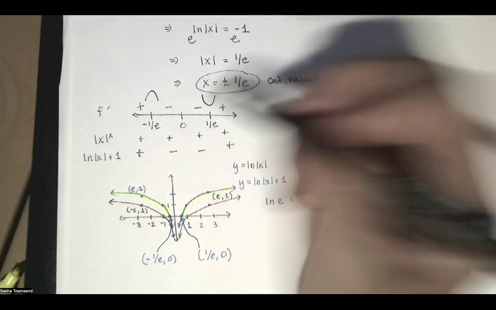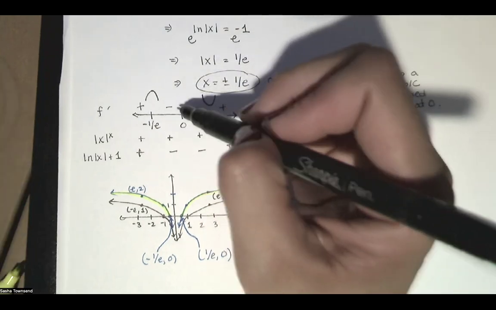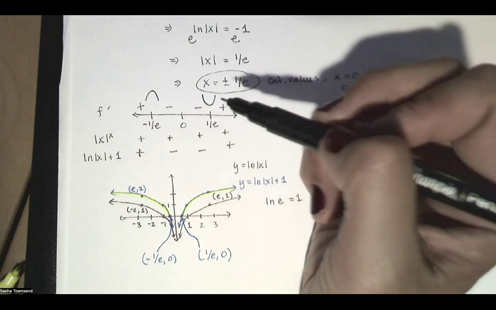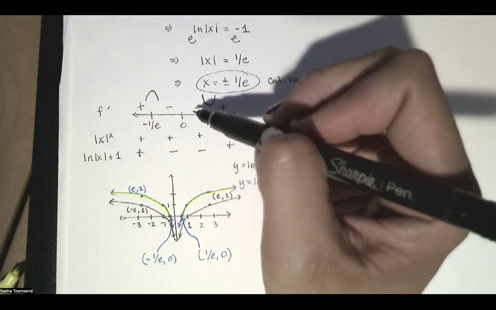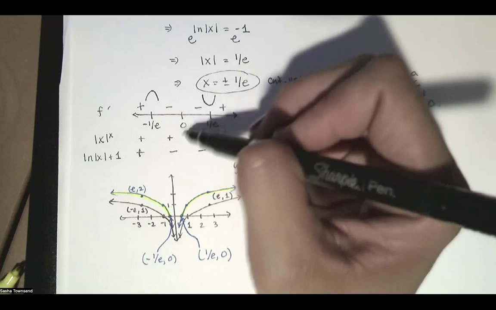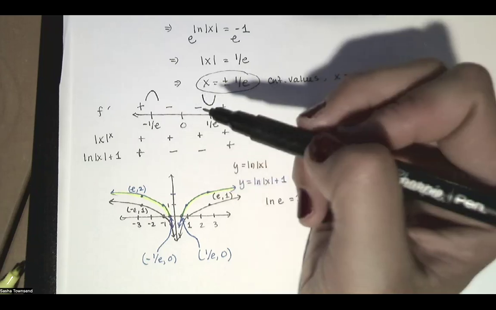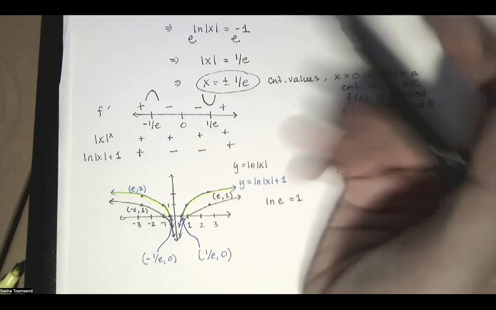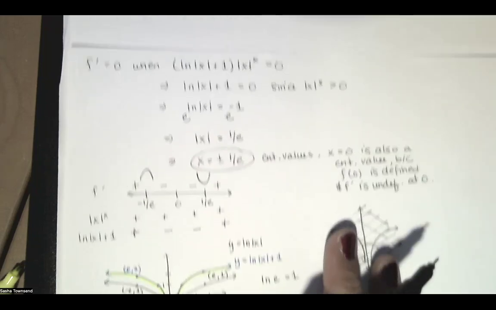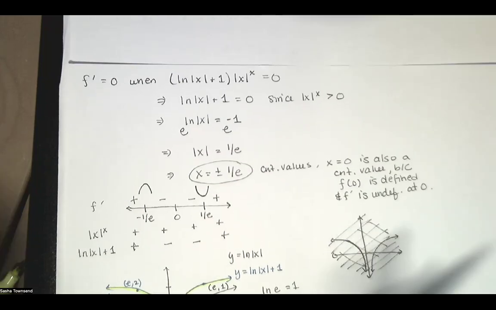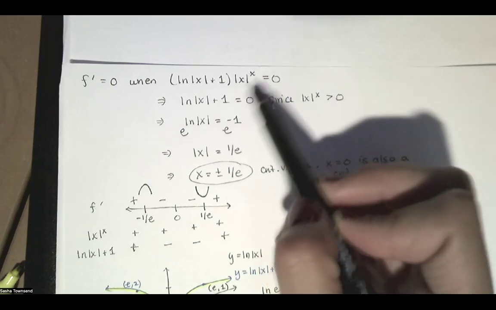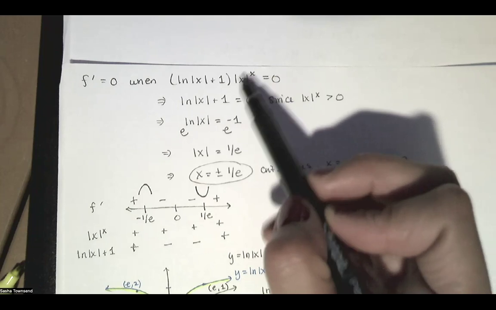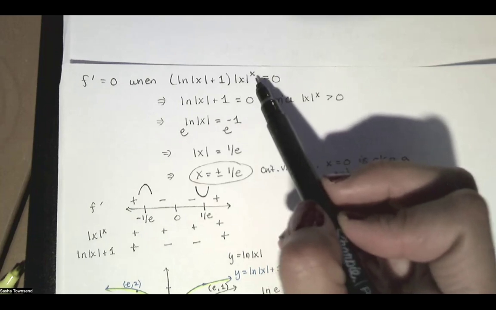Now, this tells us that the function is decreasing on this interval and decreasing on that interval. So f prime doesn't change signs. And then we're not really sure what happens to f prime at 0. We just know that it's undefined at x equals 0. And you might say, okay, what is its limiting value as x approaches 0? Well, we know this function approaches 1 as x approaches 0, because we already computed that limit.